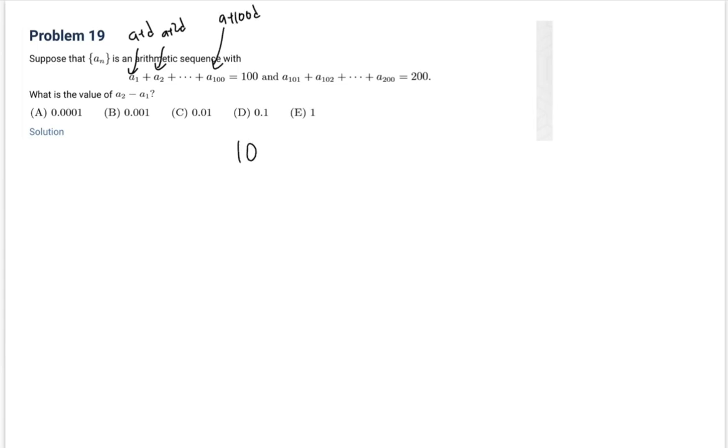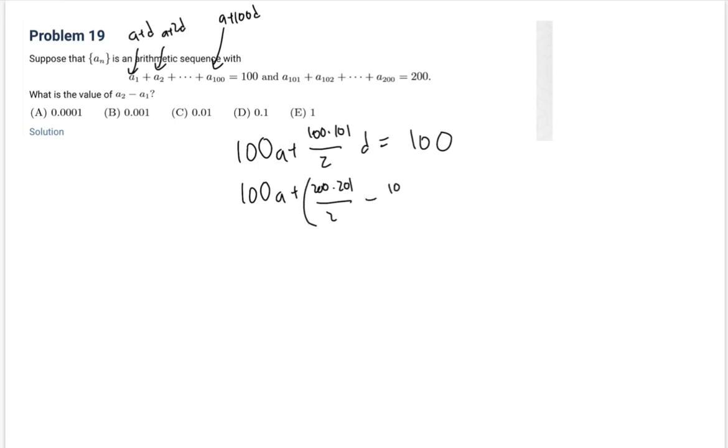Okay, so the sum is 100A plus the sum of 1 to 100, so that's 100 times 101 over 2 D. This is 100, and 200 will be this much, so it's 100A plus the sum of 101 to 200, so that's (200 times 201 minus 100 times 101) over 2 D.